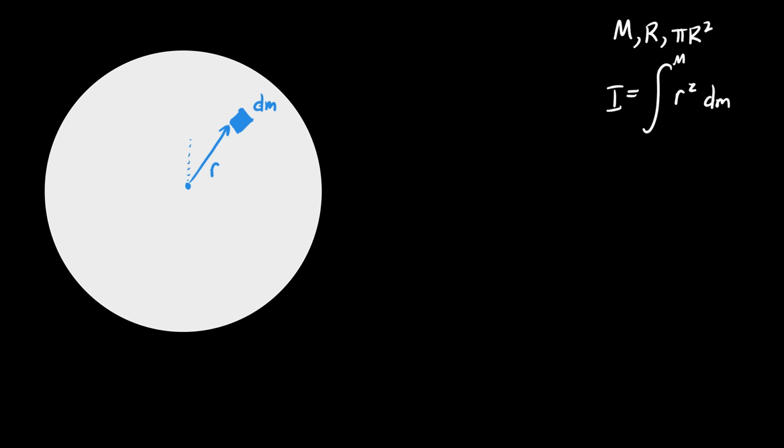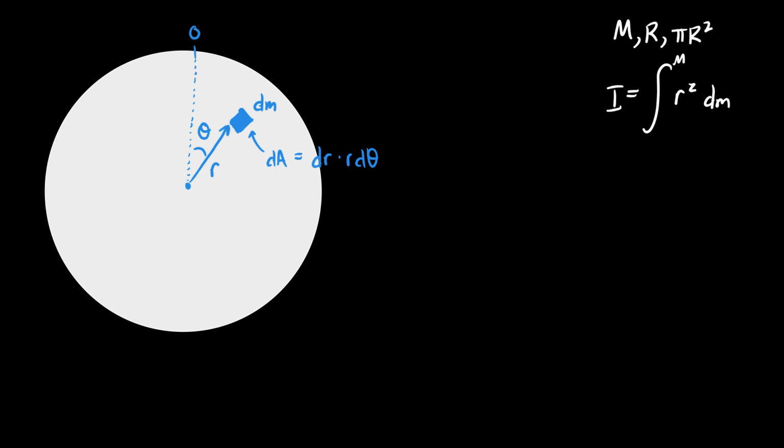I'm going to choose the center as my reference for R, and I will pick a random location as my reference for theta. I'm going to say that this piece has an area dA, and that based on our argument a few minutes ago, that area can be written as dr times r d theta.